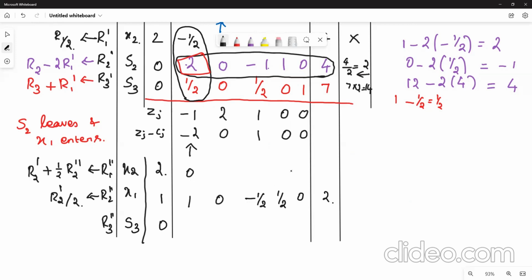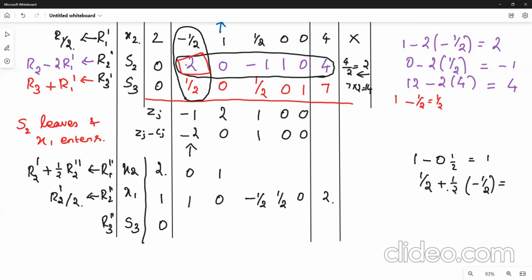Second entry is nothing but, what is the second entry there? 1. So row operation identified as 1 minus 0 into 1 by 2, which will become 1. So the entry here is 1. Next one is 1 by 2 plus 1 by 2 into R2 double dash entry is minus 1 by 2. That is 1 by 2 minus 1 by 4.